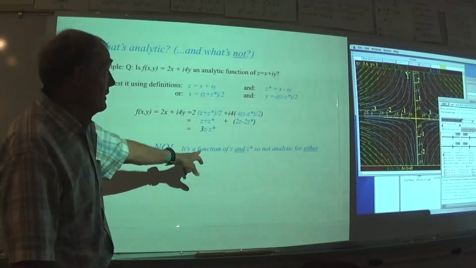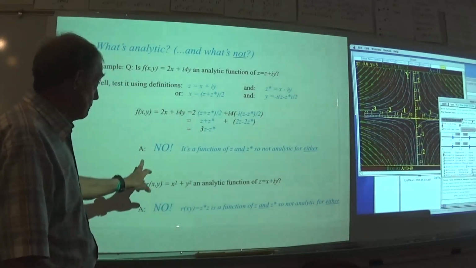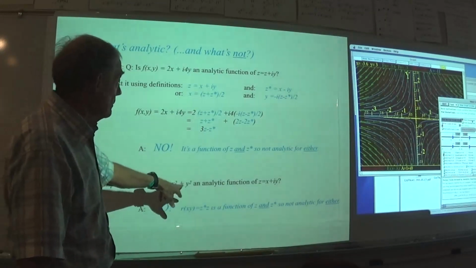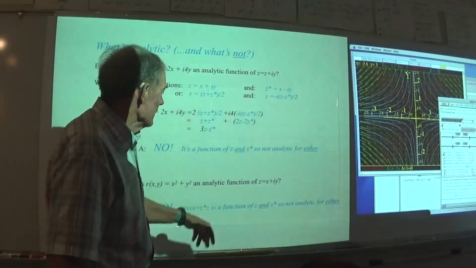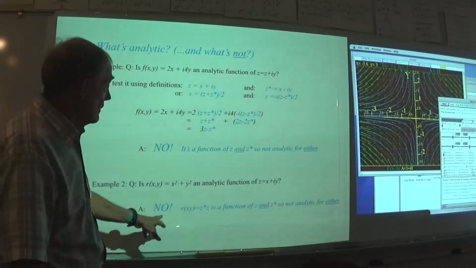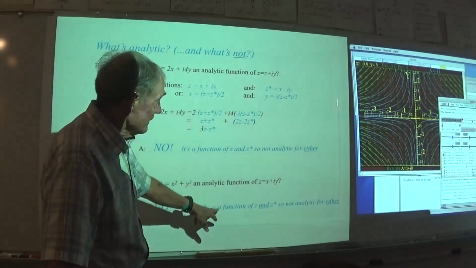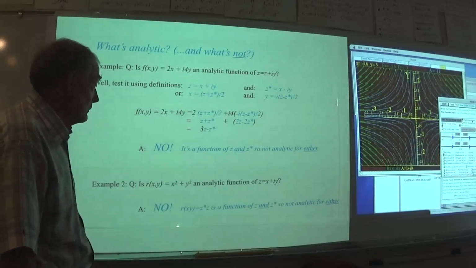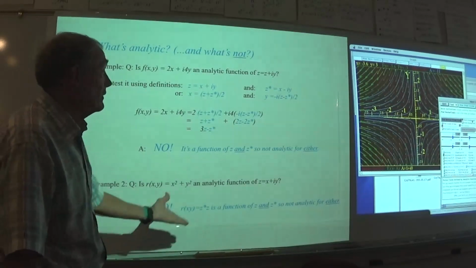Now this one is very famous. The x squared plus y squared. Okay, is that just a function of z? No, that's z star z. So this is not an analytic function of either z or z star. It's a function of both.